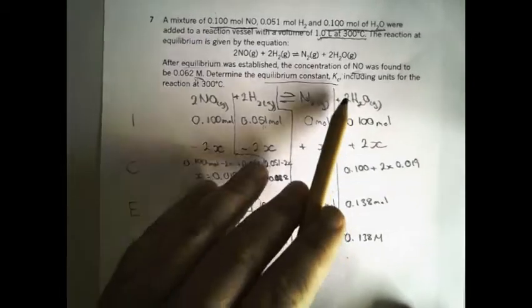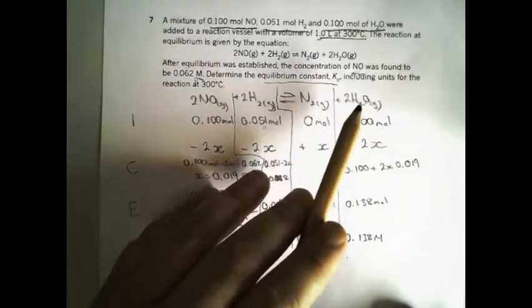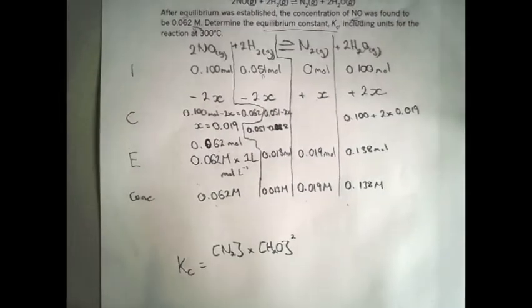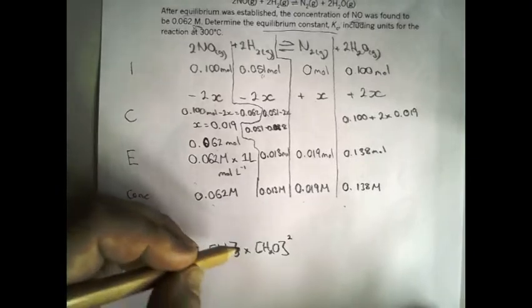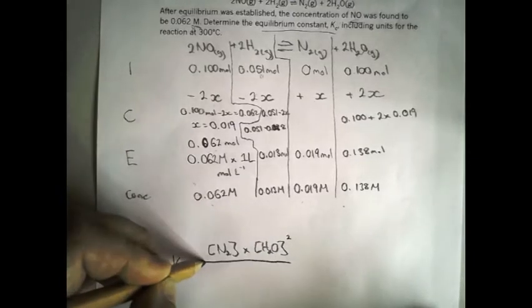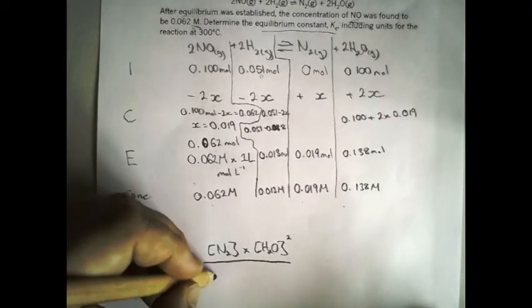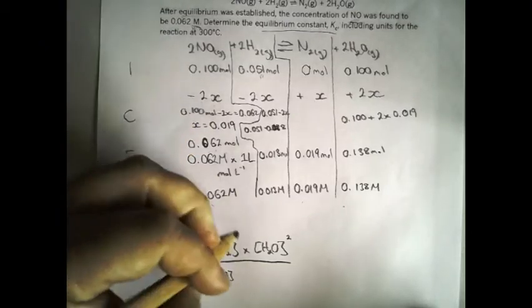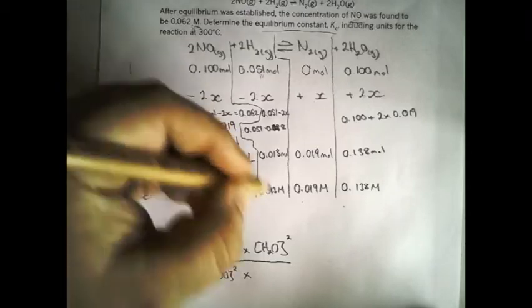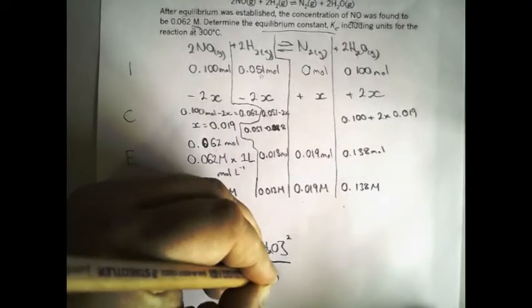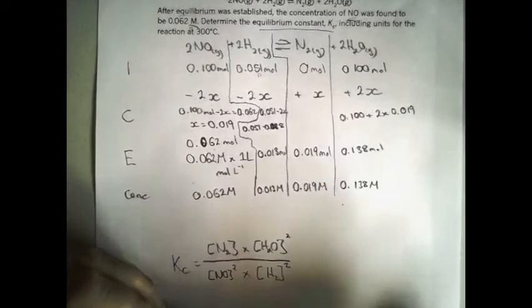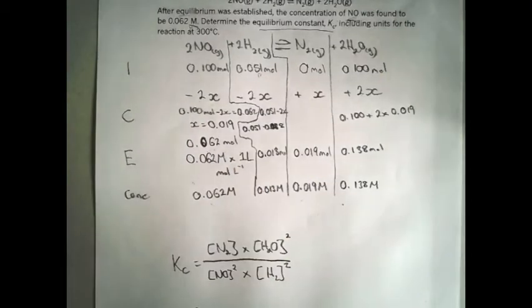Right, now importantly, there's 2 here, so we need to square the concentration of water, right? So and the concentration of nitrous oxide squared times the concentration of H2 squared. All right.